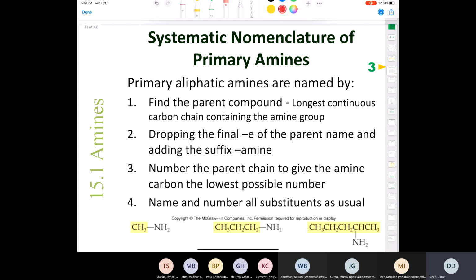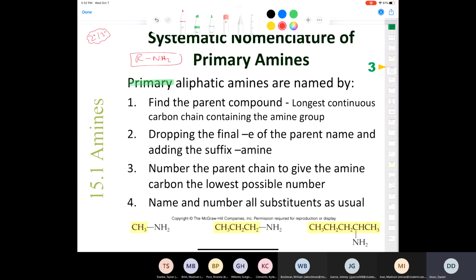So that's why we start with just talking about primary amines like RNH2. We're going to have 2 nitrogen-hydrogen bonds in our primary amine.